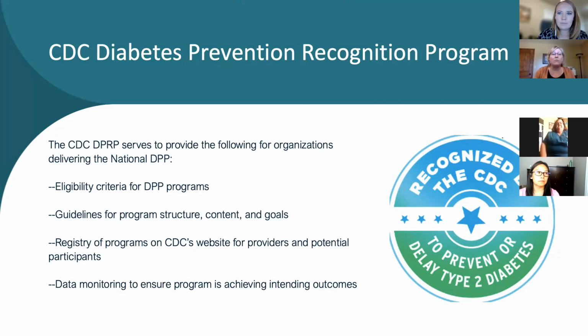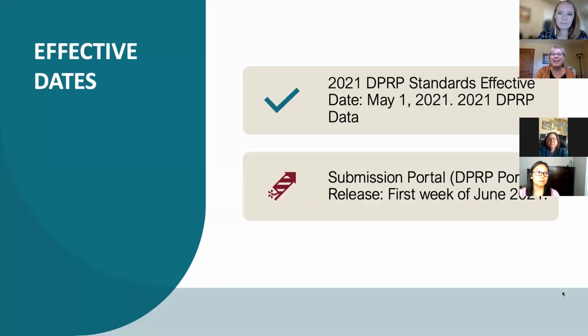It guides program structure, content, and goals. It provides a registry of those programs on the CDC website, and it does data monitoring to ensure the program is achieving its intended outcomes. Mostly that's what we're going to be discussing today, some of those changes within those procedure guidelines.